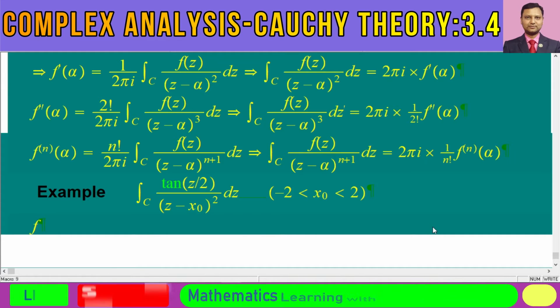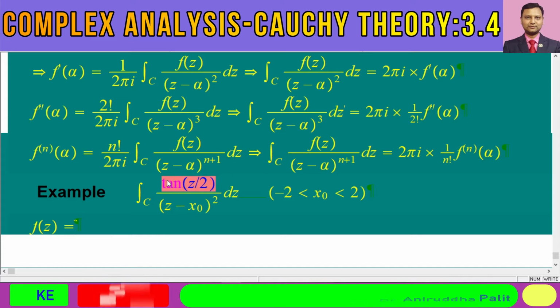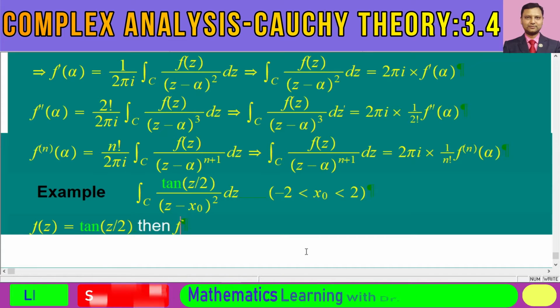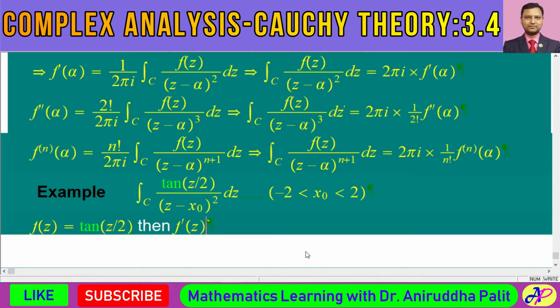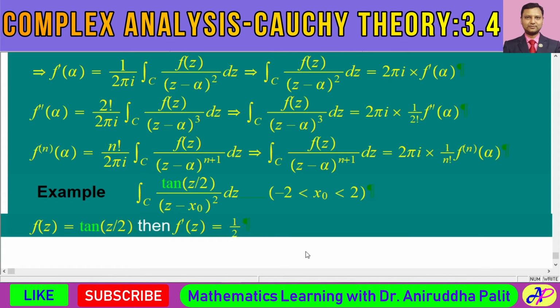So applying this kind of formula, we can now evaluate the value of this integral. Therefore, if we take f of z equal to the numerator tan of z by 2, then f dash of z would be equal to half of sec square z by 2.